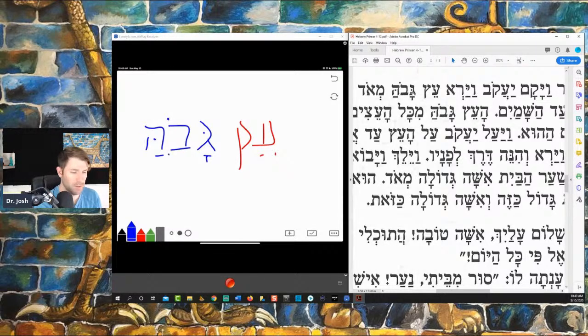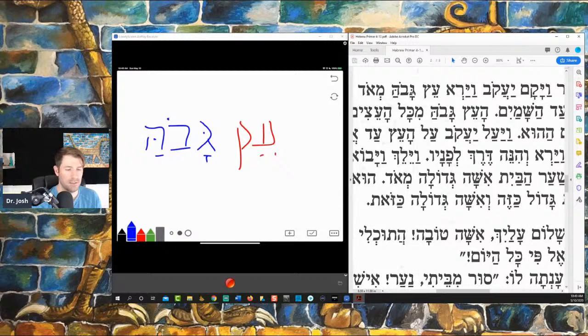And remember, this is that furtive patach, which gets pronounced slightly before that final hey. So it's gavoa. Gavoa is tall.